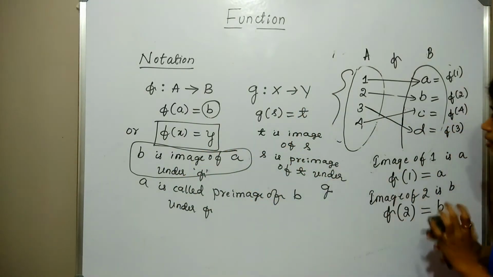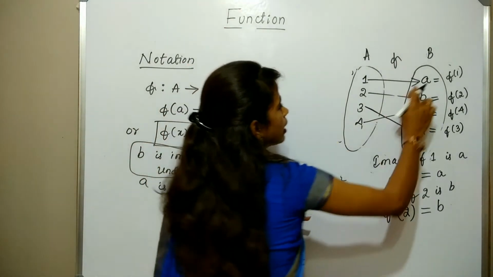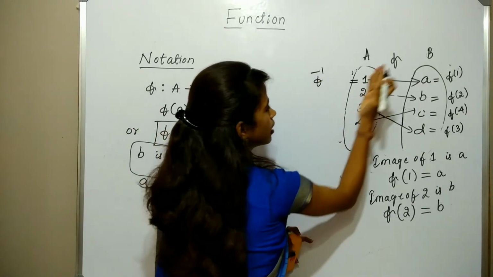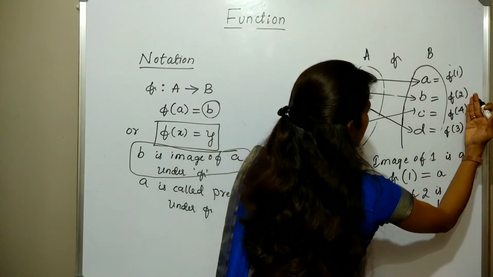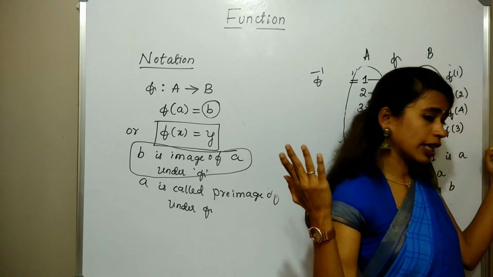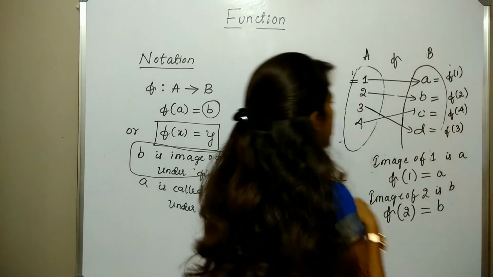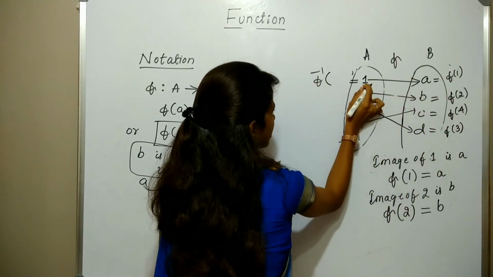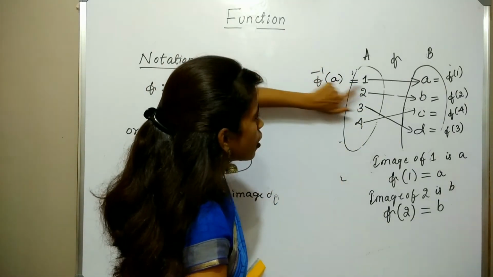Now for preimage. A has preimage, namely 1, that is f inverse. If I take from left to right, it becomes image. If I take from right to left, then it becomes preimage. So f inverse of A is 1, that is, preimage of A is 1.